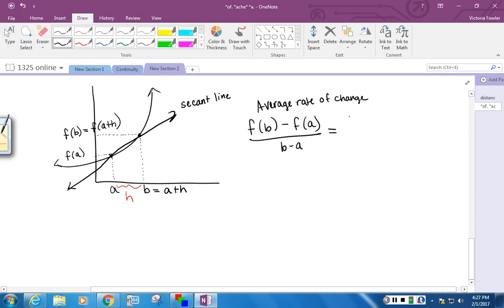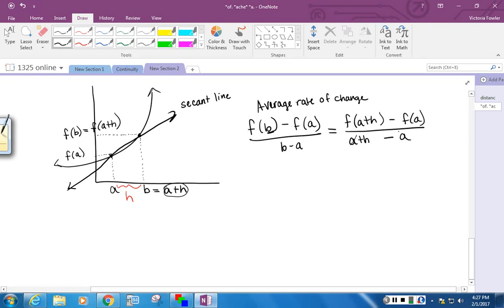So this is the same thing as f of a plus h, just replacing the b with a plus h, minus f of a, all over b minus a, but again I can replace b with a plus h, and then it says to subtract a. Okay?